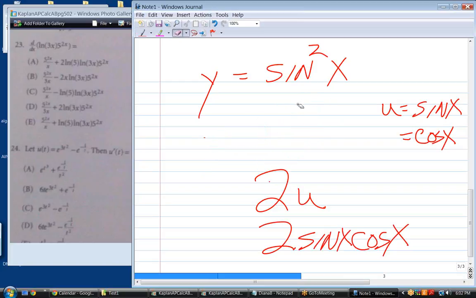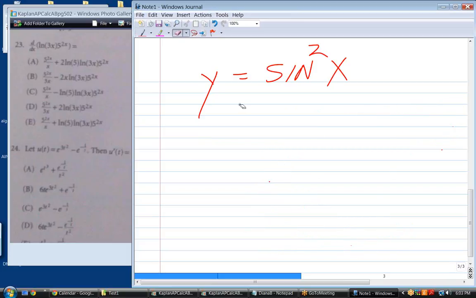Now, if I change it just slightly, now what's u? X squared. Right, x squared. Because we don't know how to take the sine of u squared. That would be a difficult one to take.